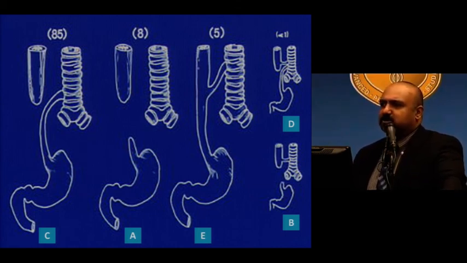If it's a pure atresia with no fistula, it's a type A. So that's the very first one, is just esophageal atresia, there is no fistula. If it's a fistula with no atresia, it's type E. So the very end one, you see the fistula, but the esophagus is in continuity. So if it's pure fistula, it's a type E. If it's pure atresia, it's a type A.